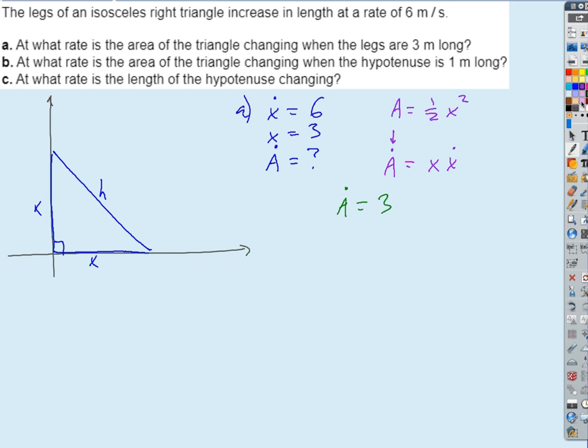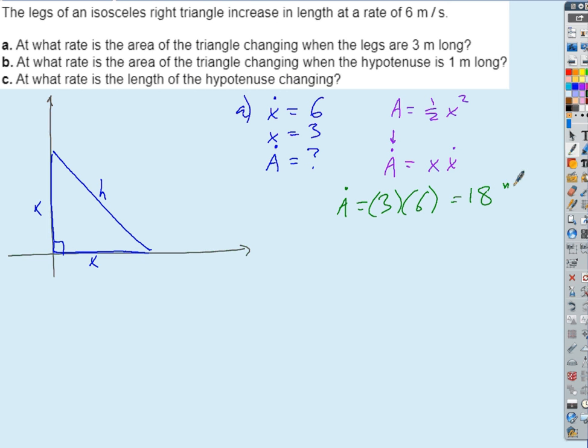So it's going to be 3 times 6. Everybody see that? Because when we differentiate, we get 2 times 1/2. We get the derivative of x squared is 2 x to the 1, but then by the chain rule, I'm differentiating with respect to t, so I have to do one more link in the chain, don't I? Right? Okay, so then we end up with our final answer is just 18, and what would our units be?